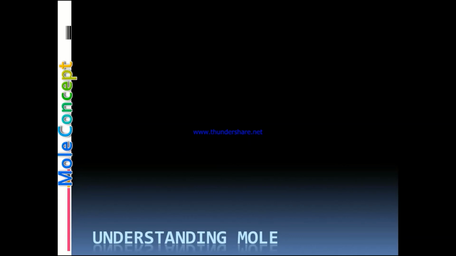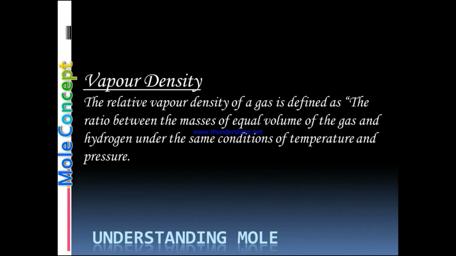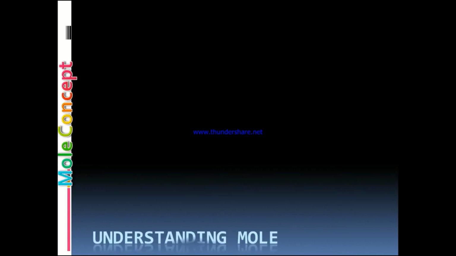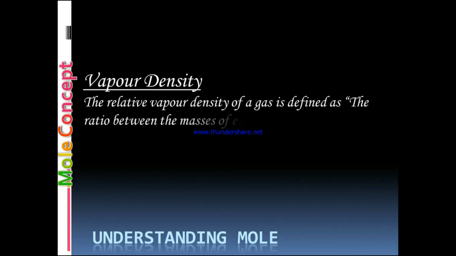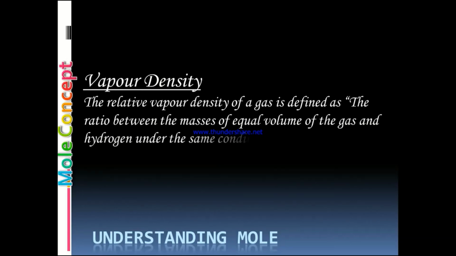After this, we are going to learn about another term that is known as vapor density. The relative vapor density of a gas is defined as the ratio between the masses of equal volumes of the gas and hydrogen under the same conditions of temperature and pressure.